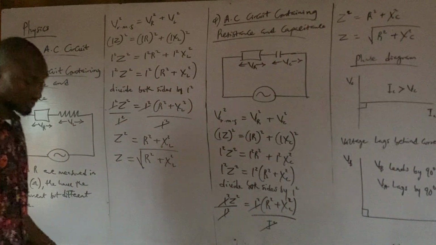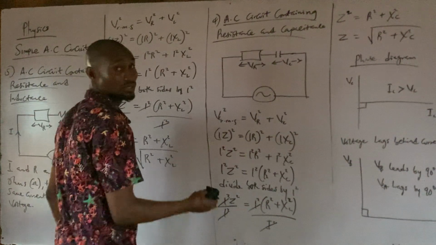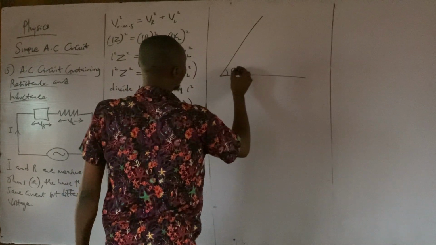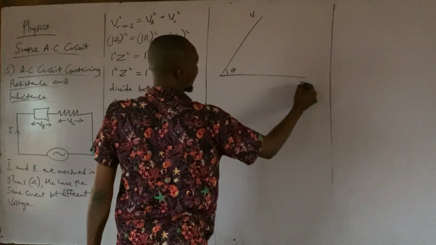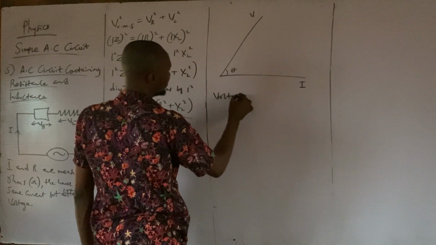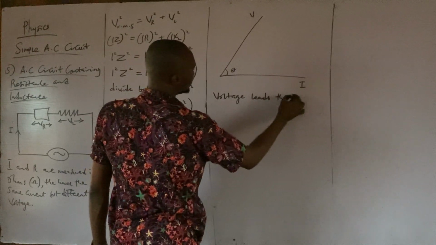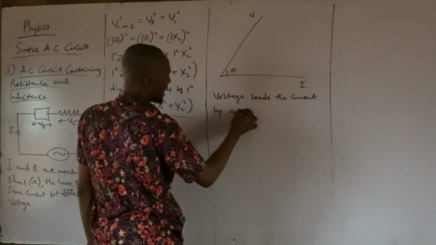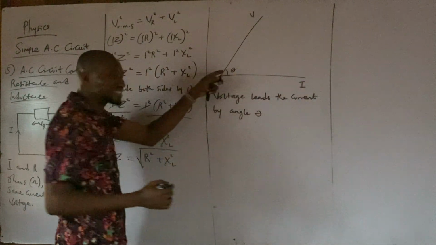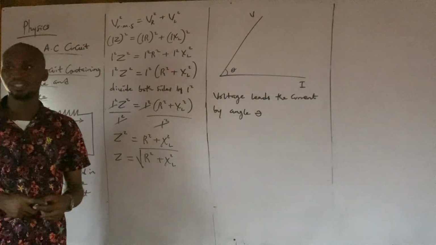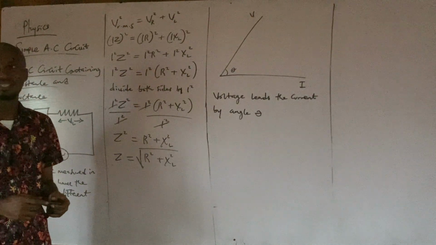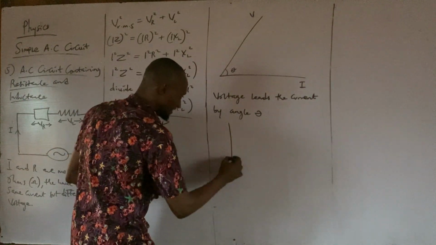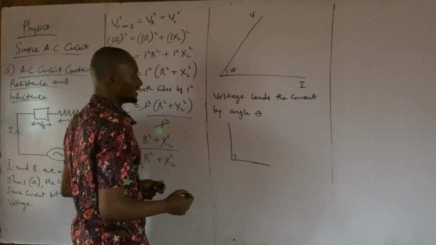We can draw a diagram here: here is theta, here is V, here is I. We can say that voltage leads the current by angle theta. So what angle is here?